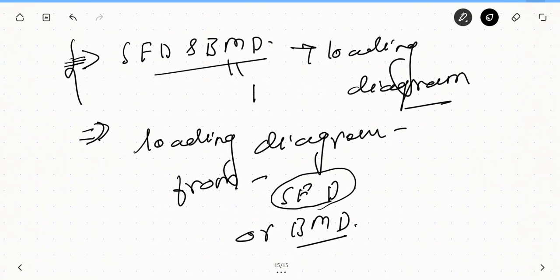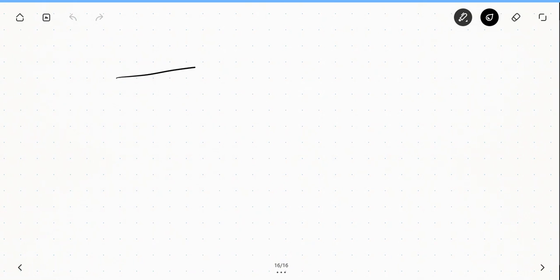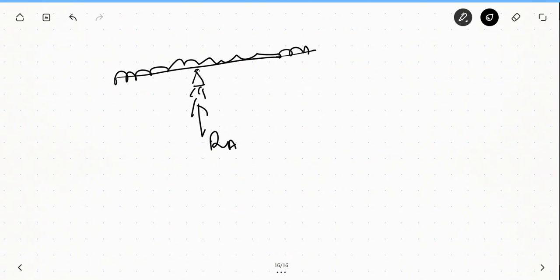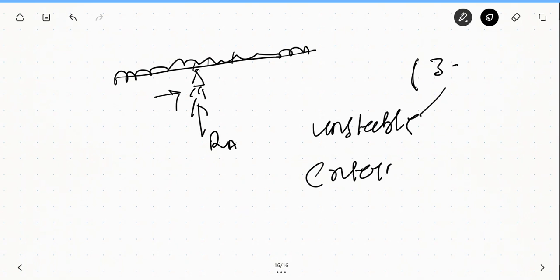Suppose the structural unit is unstable. For example, someone has posted me a question where there is a UDL on a beam, and here we provide a hinge support. You all know a hinge support bears two reactions, a vertical reaction R and a horizontal reaction. So are there three reactions available? No. So you can say that this particular structural unit is unstable externally, because the reactions are deficient.